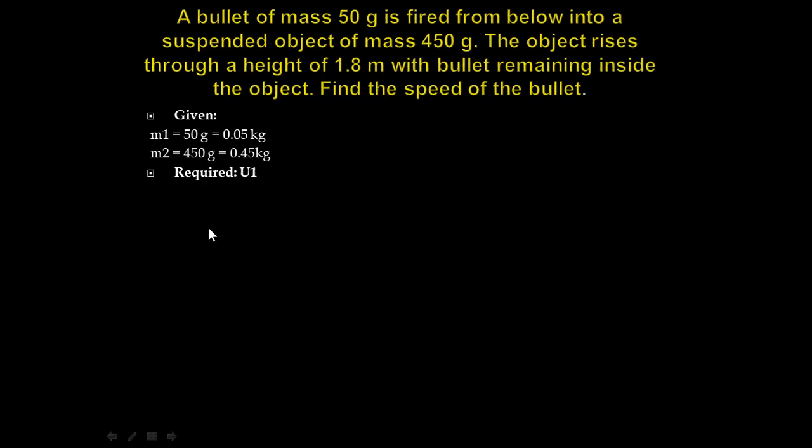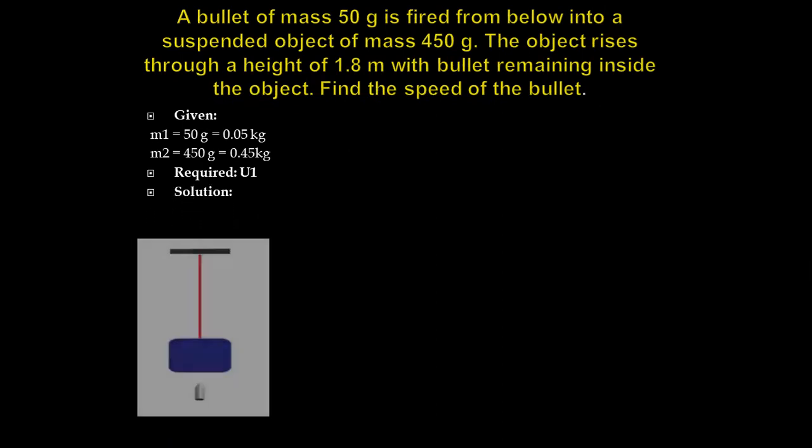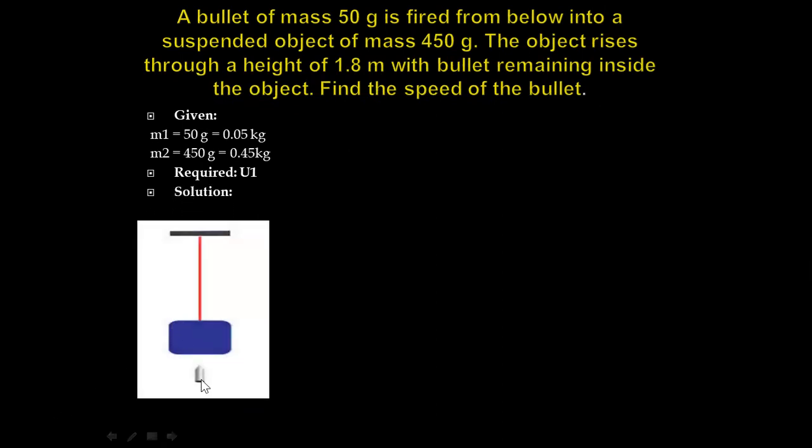Now, if we proceed to the solution and illustrate the problem, we have a bullet which is fired from below. The mass of the bullet, again, is 50 grams or 0.05 kilograms. This suspended object on a string has a mass of 450 grams or 0.45 kilograms.